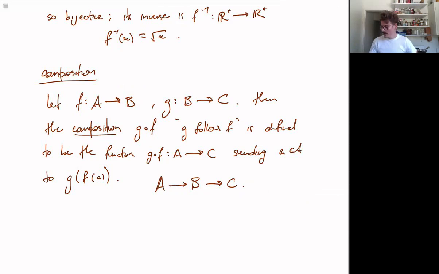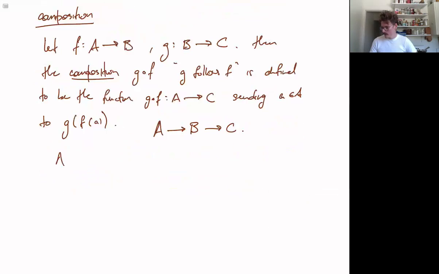So let me do a diagram example. Hope the vacuuming of my neighbor is not too loud. Should be all right. So let's say we have A and B, and F goes something like this.